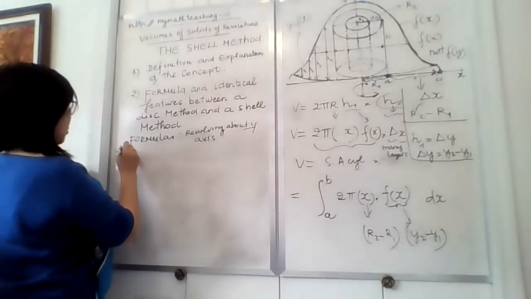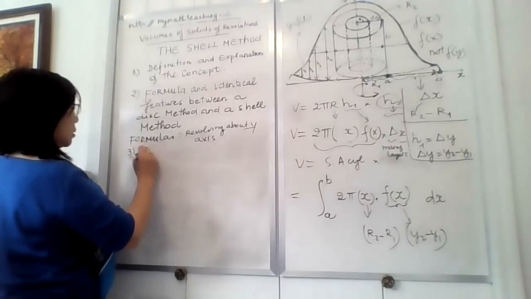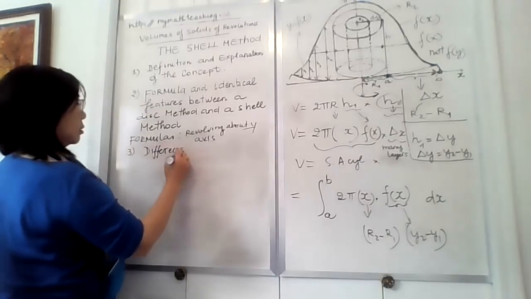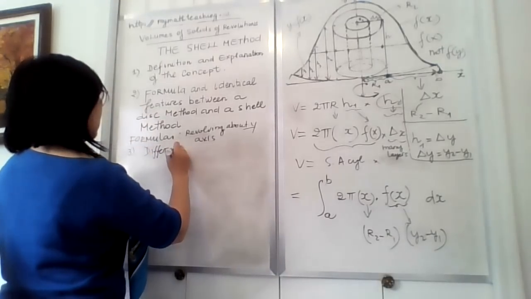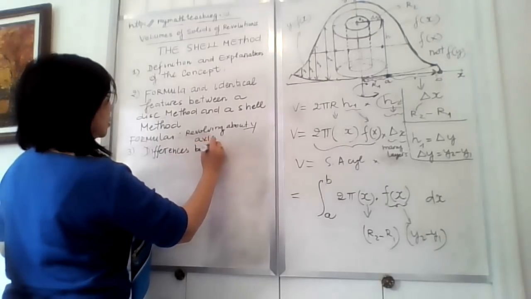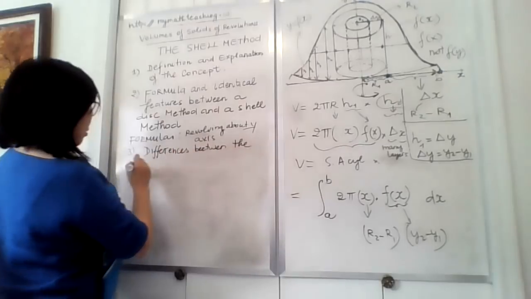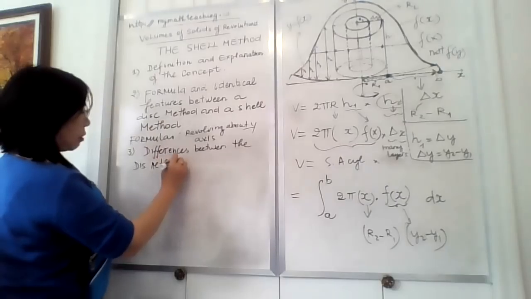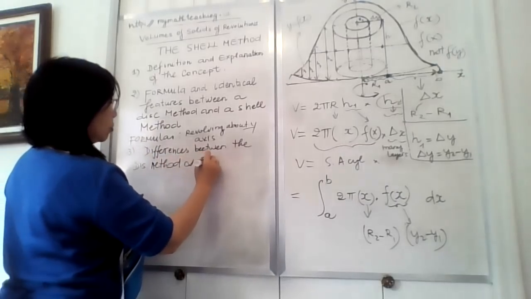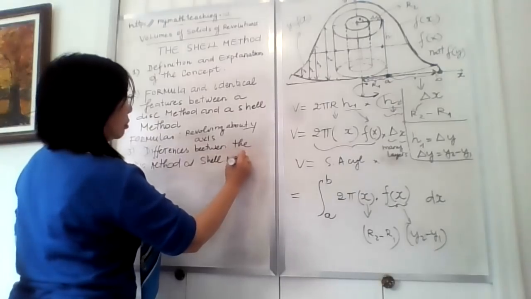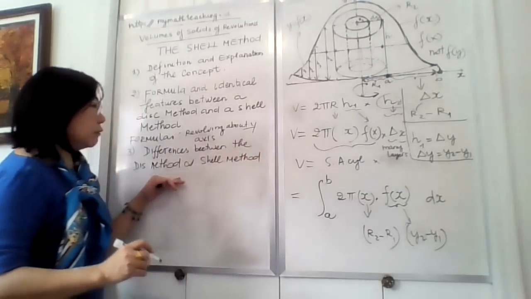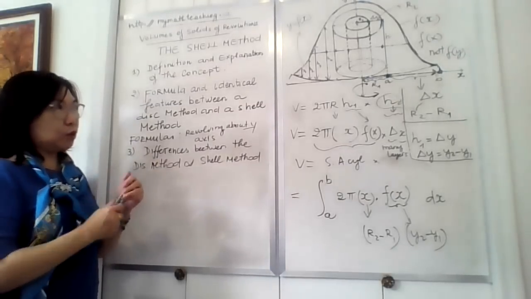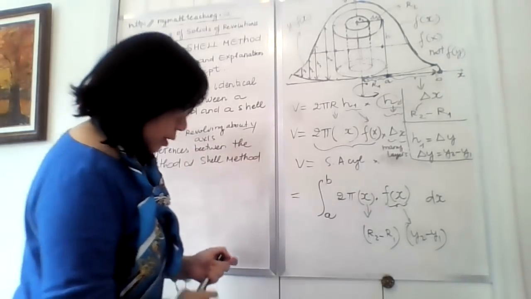So the third one, when we talk about the differences between this method and the shell method, what are the differences between the two of them? One is this and one is shell. We're going to talk about that.